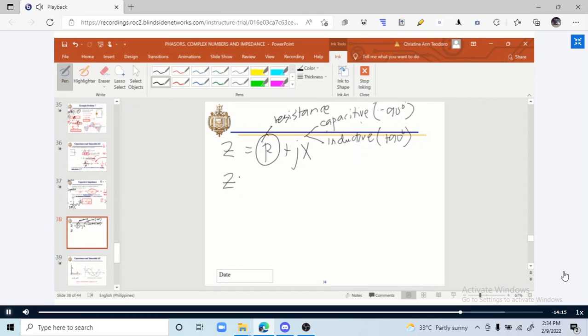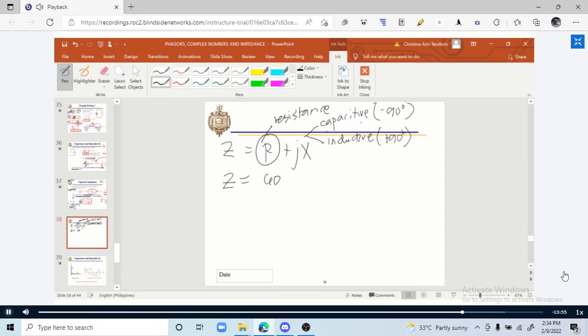So if I say that, and this is our resistance, correct? Now, if I say my Z is equal to 60, okay, 60 is just equal to 60. What composes my impedance?